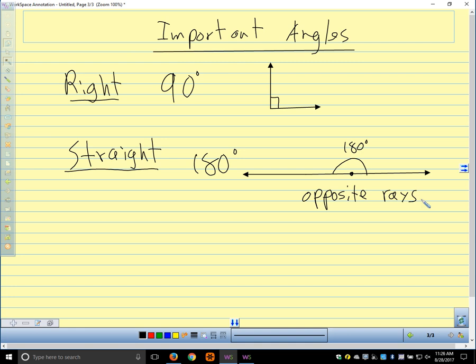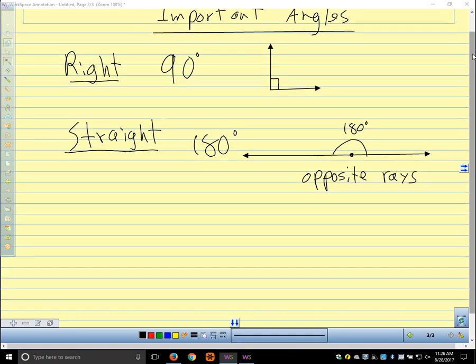I think it does ask you to measure some angles on your homework. Acute. What is an acute angle? A 45-degree angle is an acute angle, but is that the only acute angle? Less than 90 degrees? Okay.